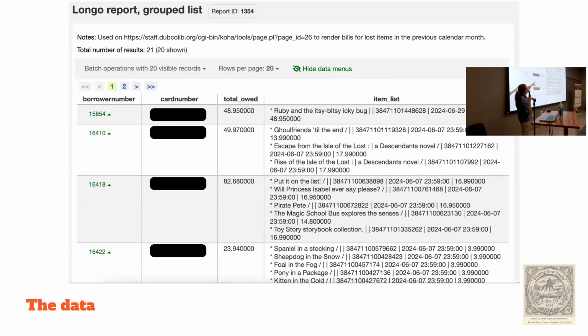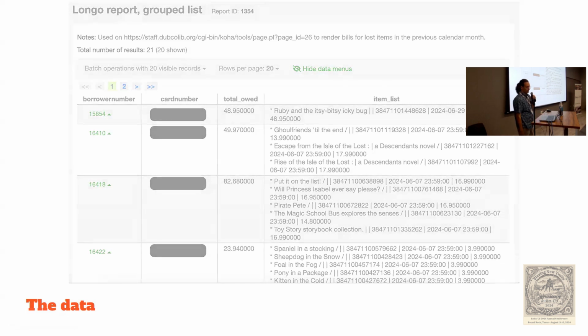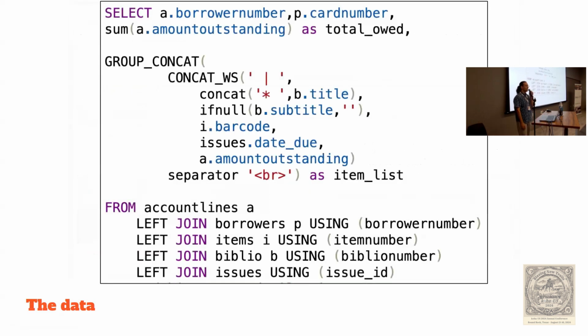Cool Friends, Escape from the Isle of the Lost, and Rise of the Isle of the Lost. And those are each in their own line with tabs between each of the different data fields. And that's title, subtitle, barcode, kind of all the stuff I want to know in my notice pulled into this little sort of subtable, which is a whole bunch of concatenating things.